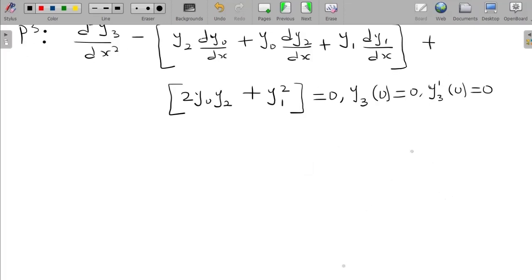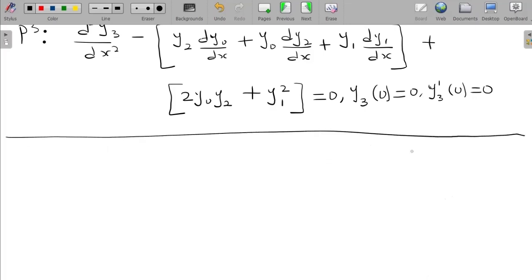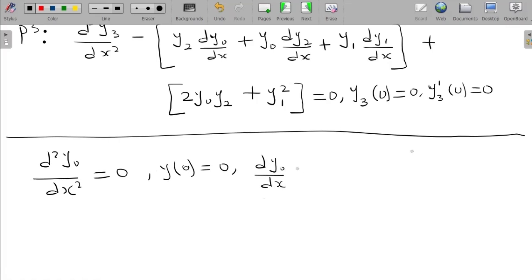So to solve this, we begin with p raised to power 0, and that's d²y0/dx² equal to 0, y(0) = 0, y0'(0) = 1. So this is y0.